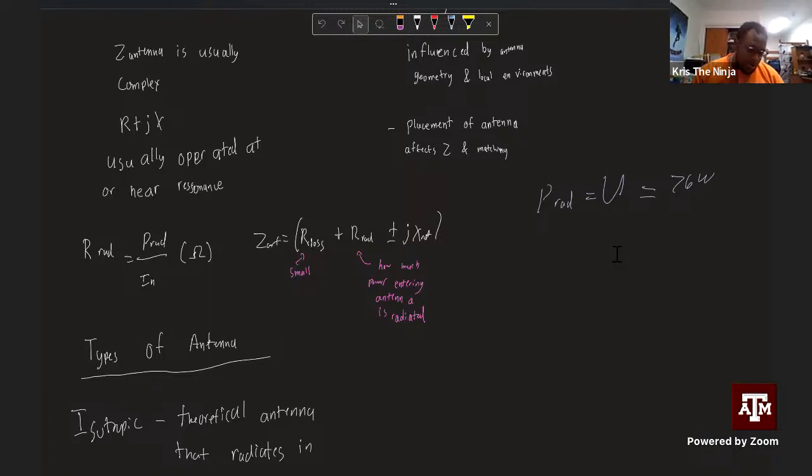We'll say our current I_in is 304 milliamps, or 0.304 amps.